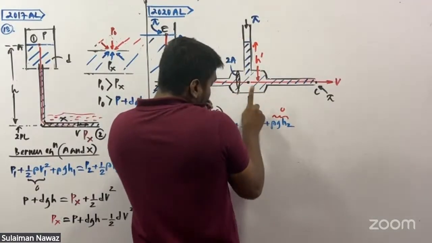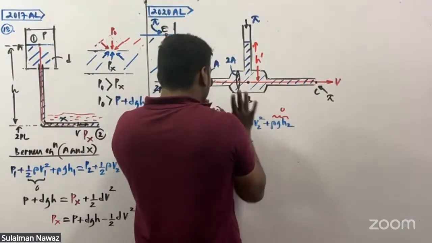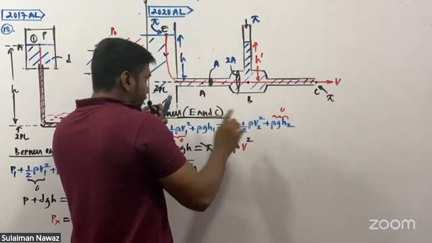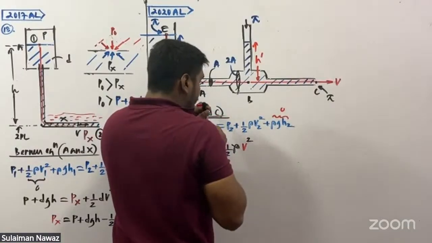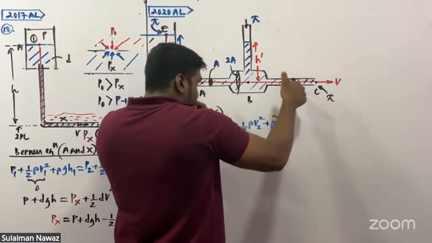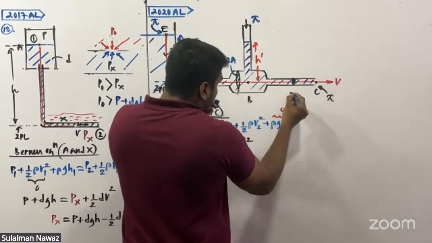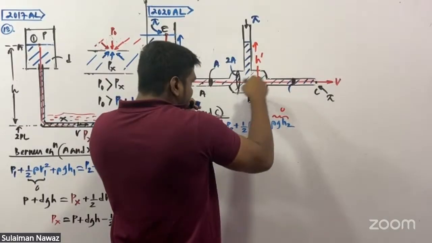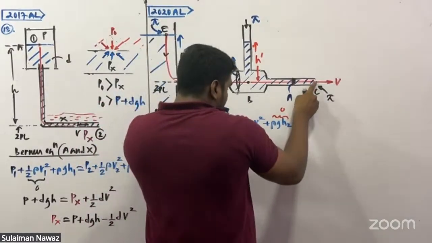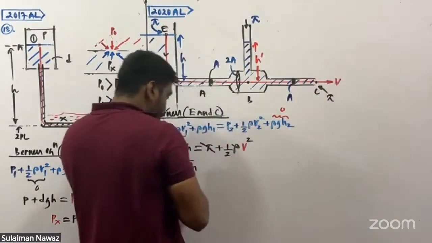My target is finding H dash. Then I want to apply Bernoulli's equation again for point B and C. The problem is, when you consider this tube at point C, the cross-sectional area of the tube is capital A. But we understand that at point B, that region's cross-sectional area is 2 capital A. So I know at point C the cross-sectional area is capital A, and the velocity at point C is root 2gh.